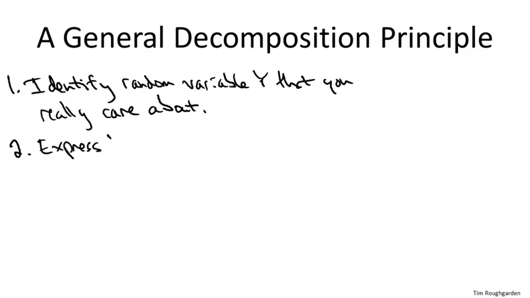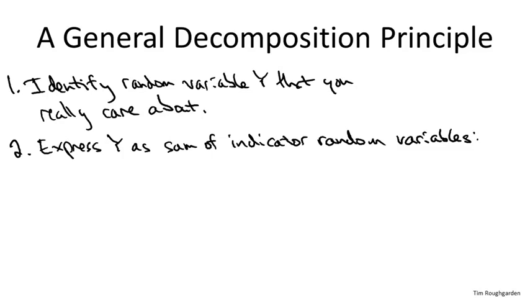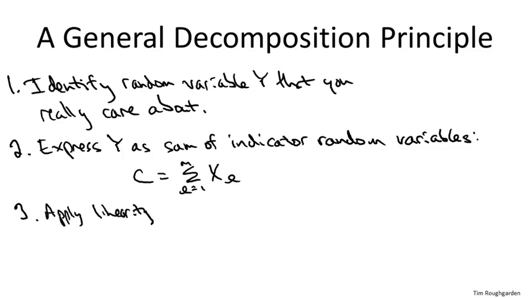The second step is to express this random variable Y as a sum of simpler random variables, ideally indicator or 0, 1 random variables. Now you're in the wheelhouse of linearity of expectation. You just apply it. And you find that what it is you care about, the average value of the random variable Y, is just the sum of the probabilities of various events, that a given Xl random variable is equal to 1.